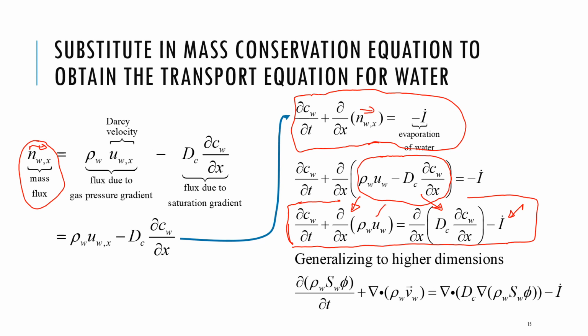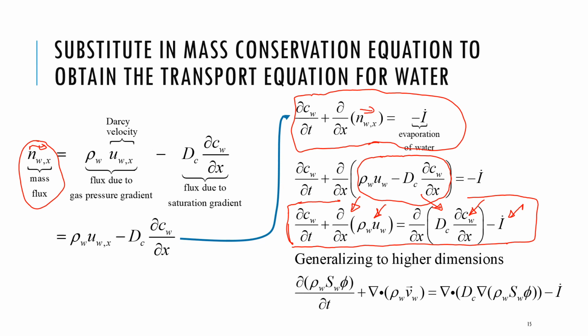So UW here is superficial velocity of water through the porous matrix, and concentration of water is an average of how much water is there per meter cube, but averaged over the representative elementary volume.